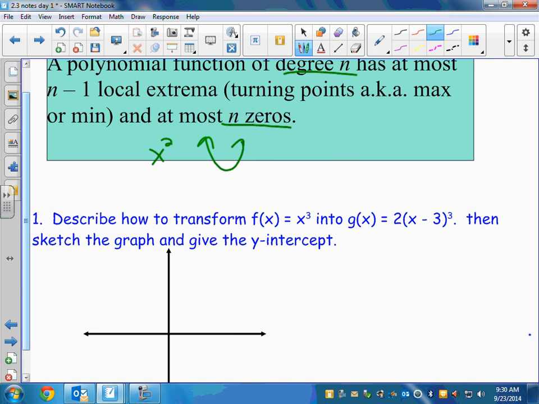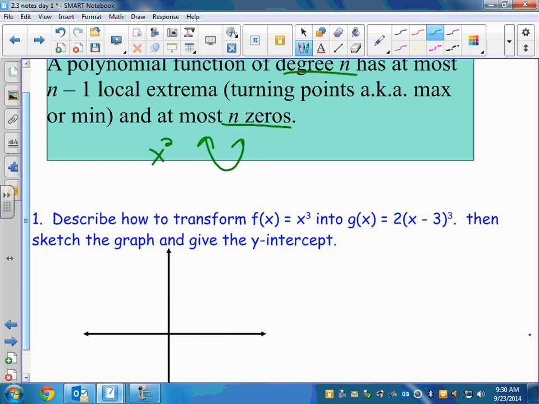The transformation rules are the same, so that's why it's so nice to know what it means when there's a number multiplied out front, or when there's a negative out front, or when there's a number added or subtracted on the inside, or added and subtracted on the outside, because it's supposed to make graphing easier, or at least let you verify that your graph is correct.